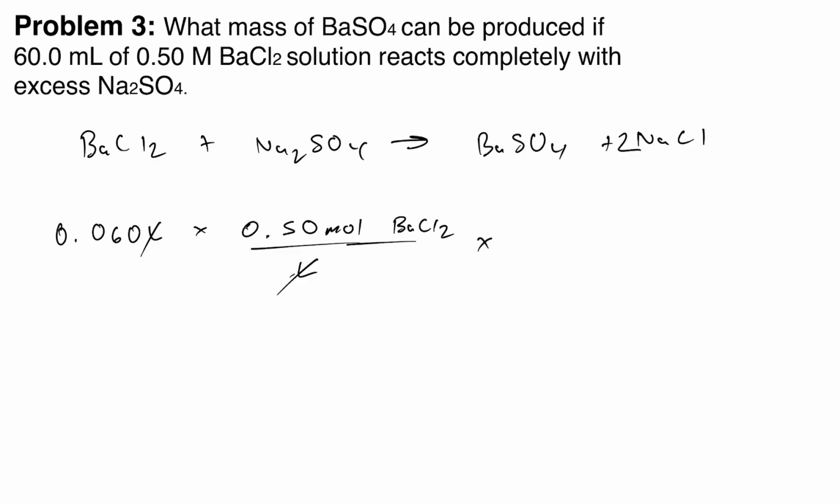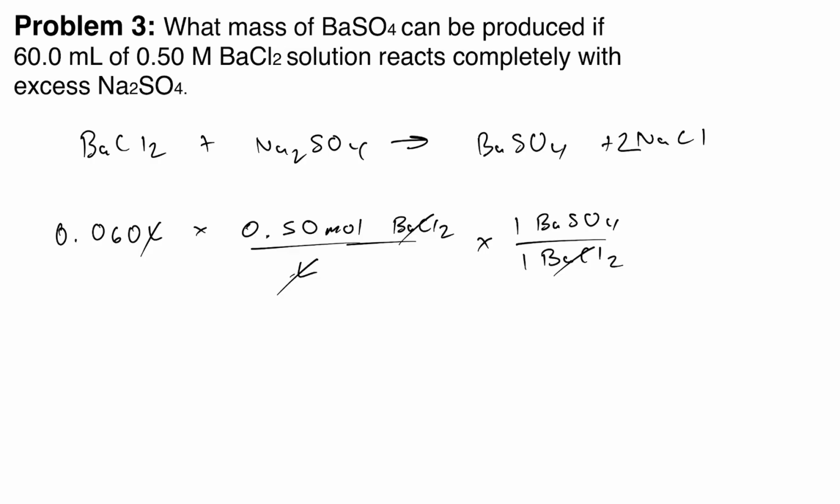We're going to use the conversion factor again, and once again here the conversion factor is 1 to 1, since if you look at our chemical equation, there's 1 in front of the BaSO4 and there's 1 in front of the BaCl2. So we want BaSO4, so it's going to be on top, over 1 BaCl2. And now the moles of BaCl2 have canceled, and we have moles of BaSO4 on top.